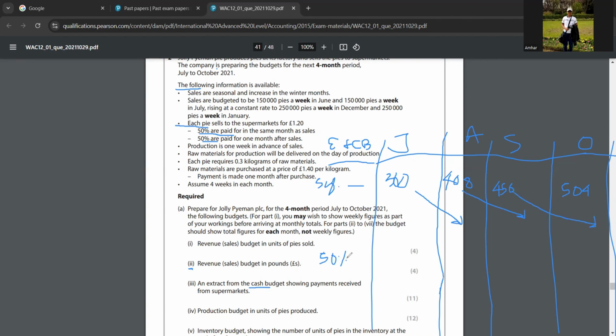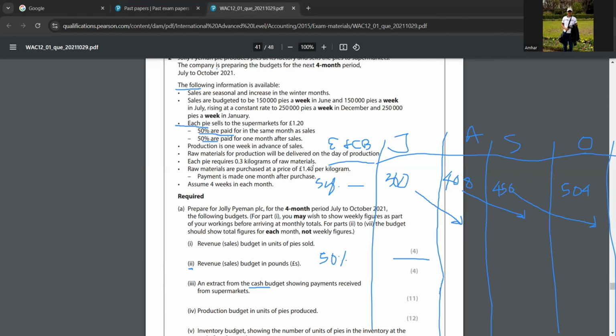Under that, you have to write the name as 50% paid 1 month after sale. If not, you can write payments made after 1 month, and then you can write under that. So what will be July's figure? July's, there won't be a figure for July. Oh, sorry, yeah, there will be.